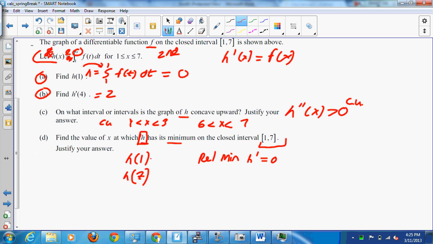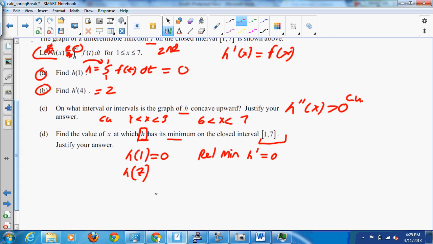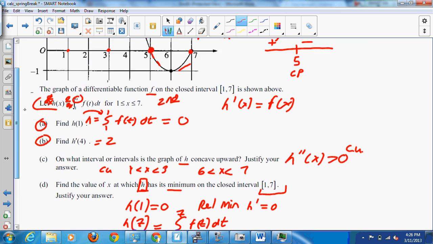So we can go ahead and define that one. And let's see, what about H of 7? H of 7 is equal to the integral from 1 to 7 of f of t dt. So basically all we have to do is find the area under the curve.